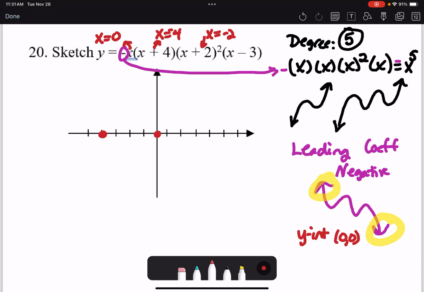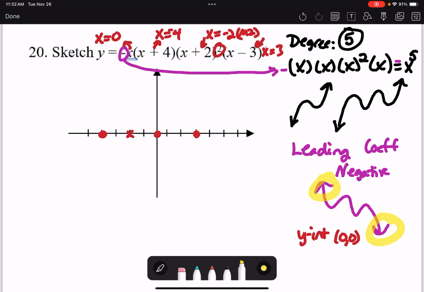I need to be careful with this one. I'm going to put a little x here. That has a multiplicity of 2. I'm just going to write M2 right there so I know it has a multiplicity of 2. And I know that because it's being squared. I did not write that very nicely. This one here gives me x equals 3. So including the x with multiplicity of 2, this is what my zeros are going to look like.